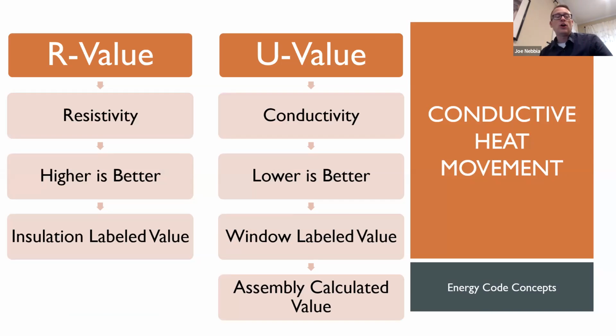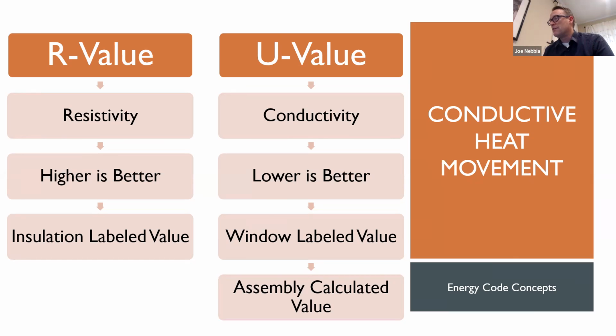When the code talks about things like R value and U value, it's important that we understand those. So R value is resistivity to conductive heat movement. The higher the R value of an insulating product, the more resistive it is to heat flow. So that's important as we think about the code requirements for R value. If the code says I need R13, that's a measure of how resistive that insulation is to conductive heat movement.